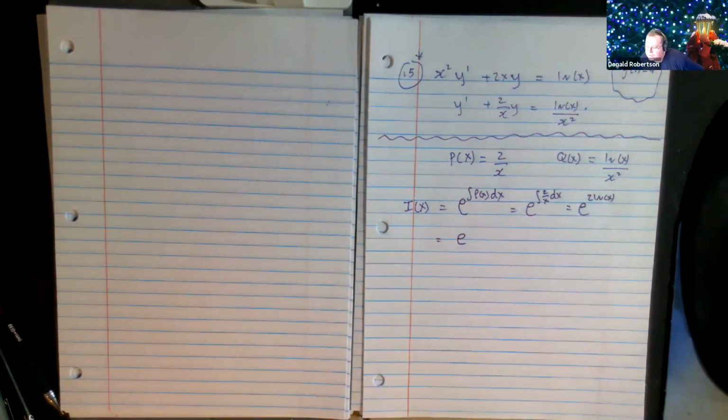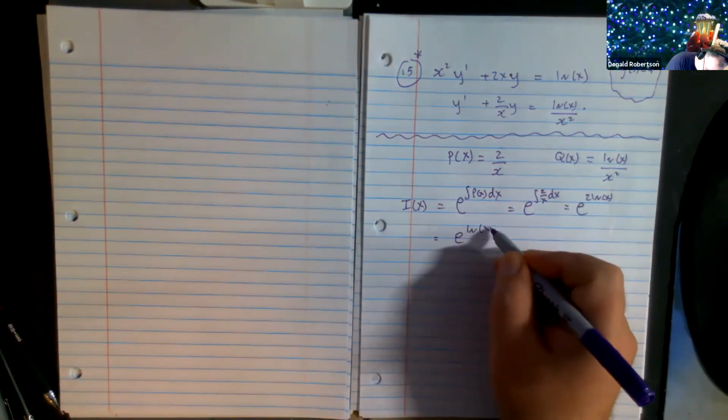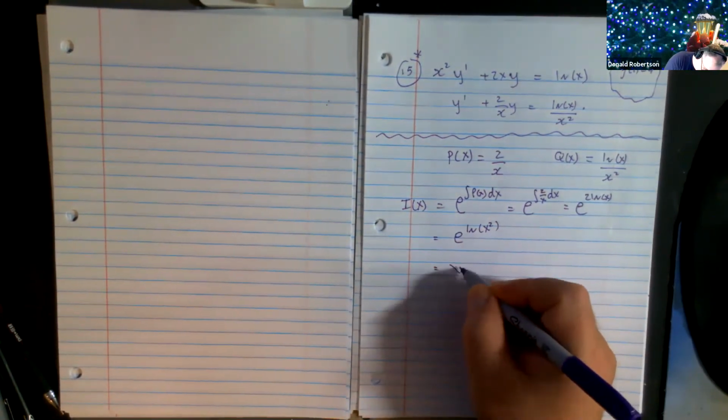Something kind of similar to that happened at the beginning of today. I think it was a half log x, if my memory serves me. And didn't we fix it the same way? So 2 log x becomes the log of x squared. And then we can do that.